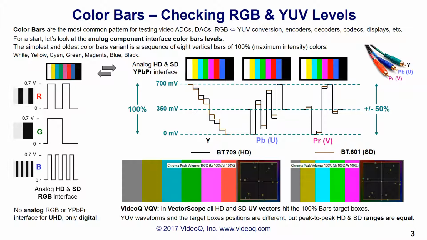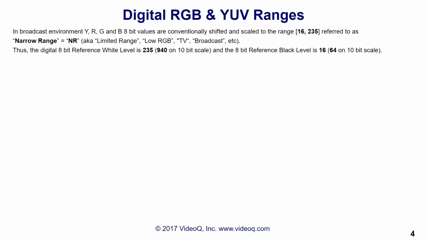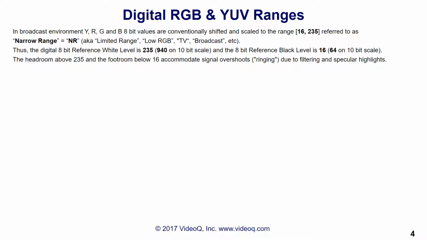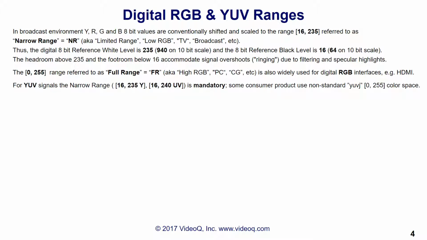In a broadcast environment, digital Y, R, G, and B values are conventionally shifted and scaled to the range between 16 and 235 out of a maximum possible 256 steps, where 0 is counted as a step. This is called narrow range. Alternative full range, 0 to 255, is also widely used, for example in the HDMI RGB interface.